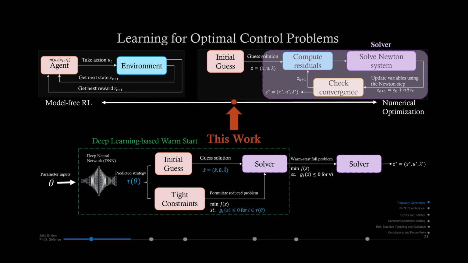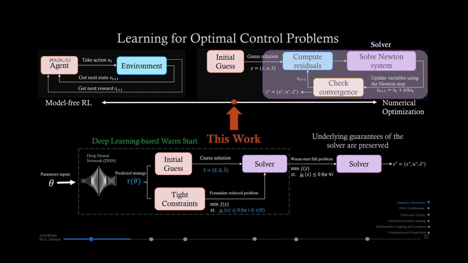We use the guessed solution as our initial guess in the numerical optimization section, but also predict a set of tight constraints to formulate a reduced problem that we can then solve, and then use the solution of that to warm start the full problem to ensure feasibility and constraint satisfaction. If you're already quite close to that optimal solution, then you're going to take only a few iterations of that full solve. And so that's the goal of today's work.